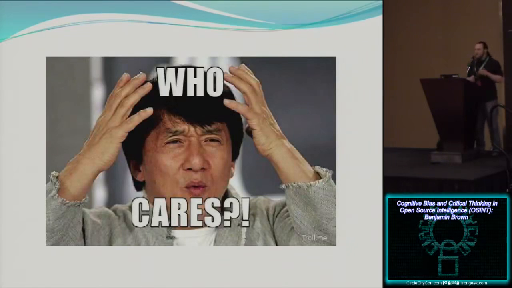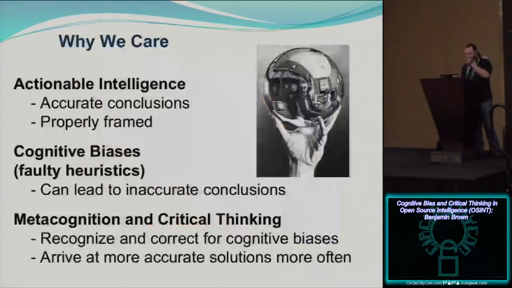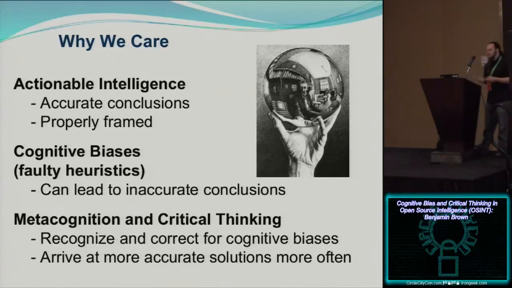All right, so I can give you the what, but I also want to give you the why. So the actionable intelligence that we use to guide our decisions is a result of accurate conclusions that are properly framed.